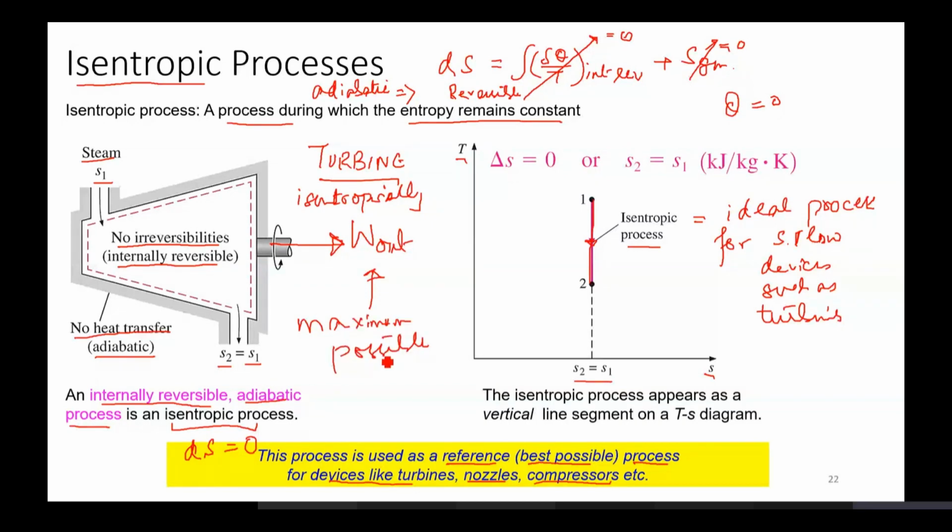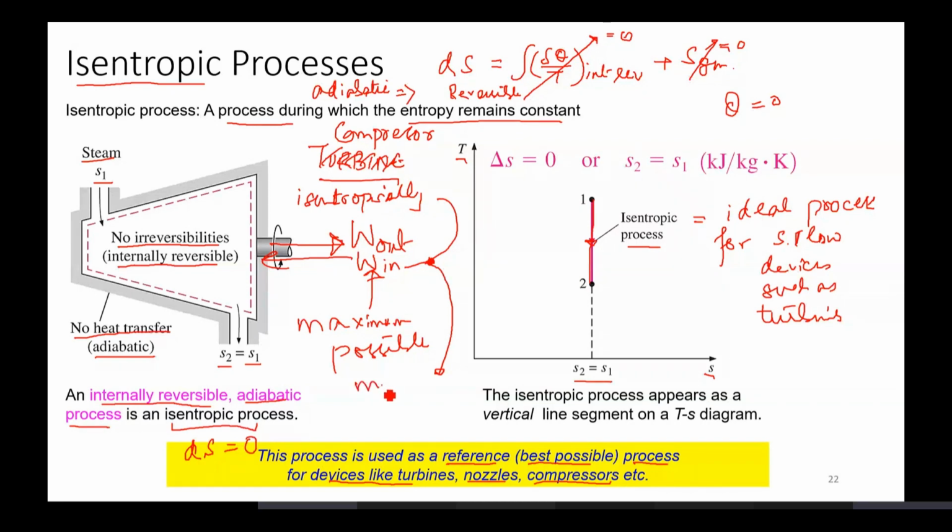But if I say that instead of turbine, I have a compressor which requires work input. For an isentropic process, the work in would be maximum or minimum? Minimum.